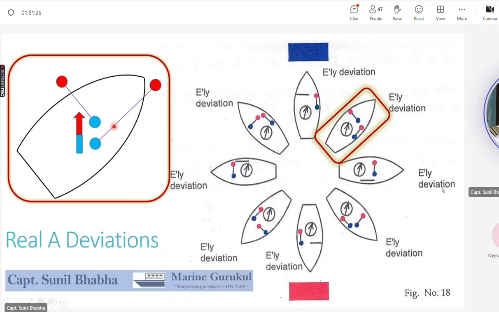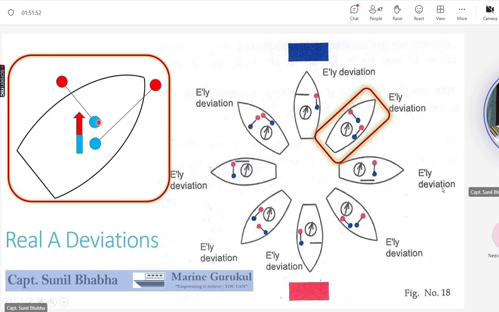They are partially aligned with the magnetic field of the Earth, so there will be partial induction on both the longitudinal as well as the beam. So the poles generated will have partial power. And now you look carefully.